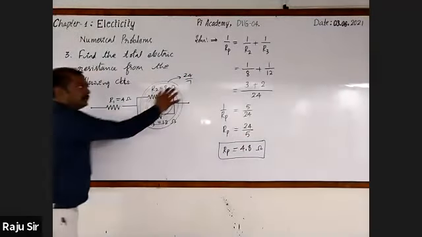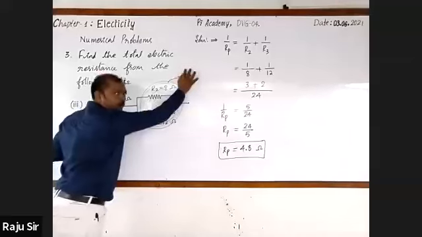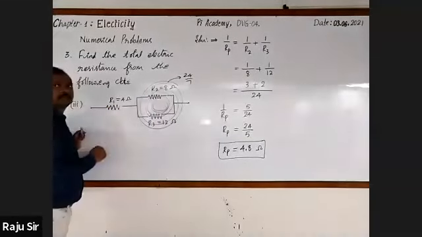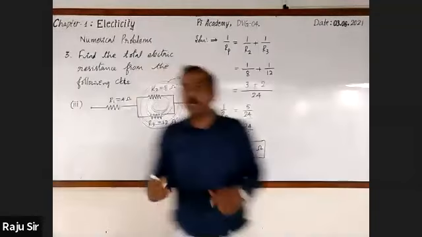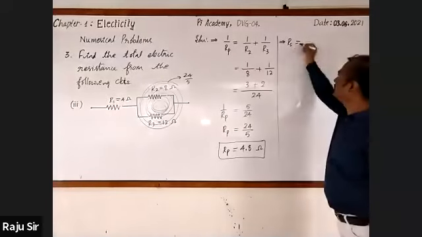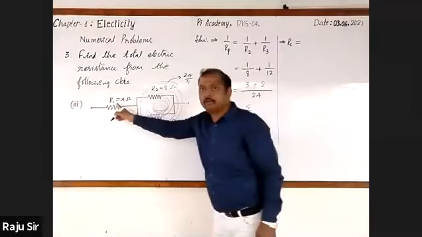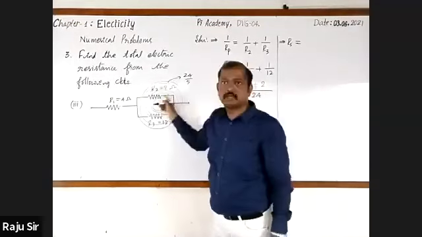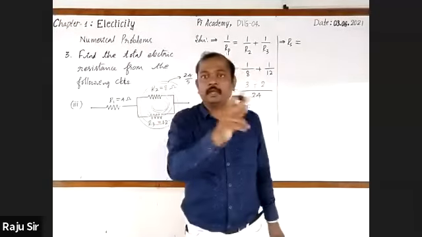Now see that this 4.8 ohm as well as the 4 ohm resistor, these two are in series. RS is equal to the first resistor and this combination, both in series, so the resistances should be added.